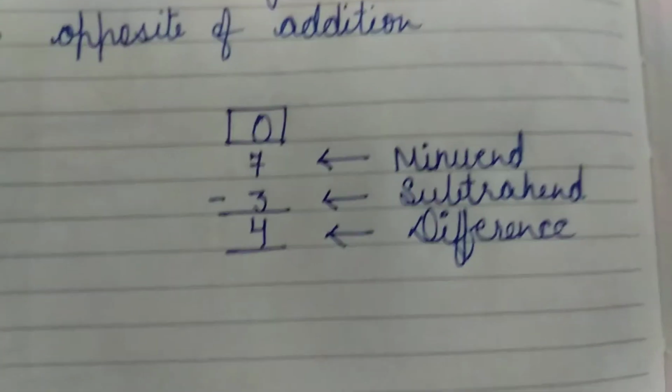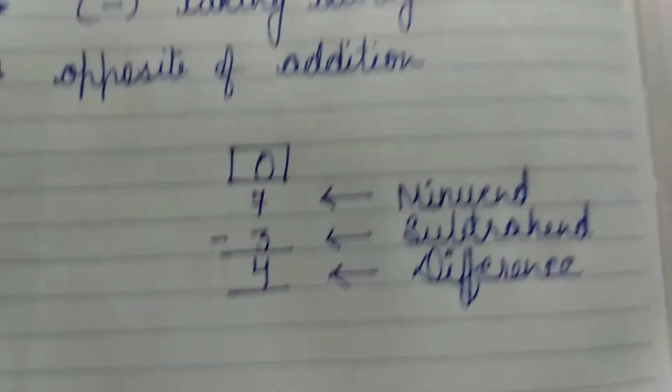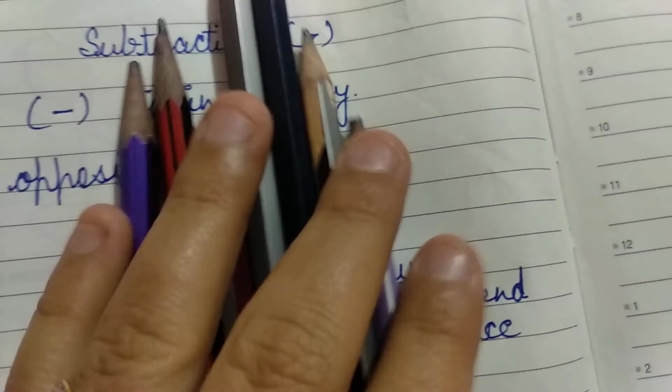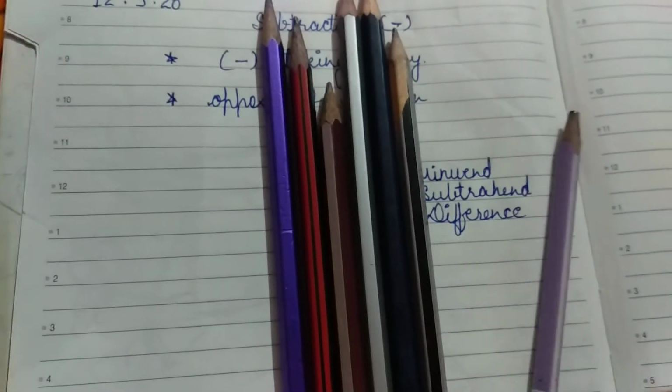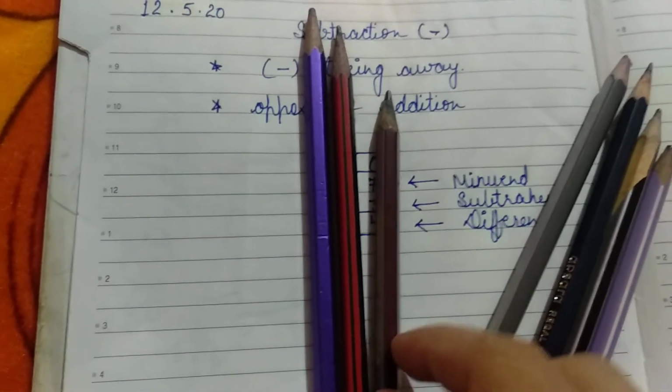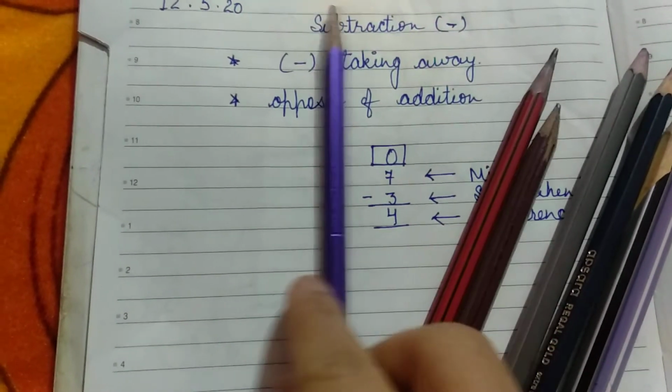So let me show you one activity, or we can say example, in front of you. Children, now you can see I'm having a few pencils. Let us count them. 1 2 3 4 5 6 7.